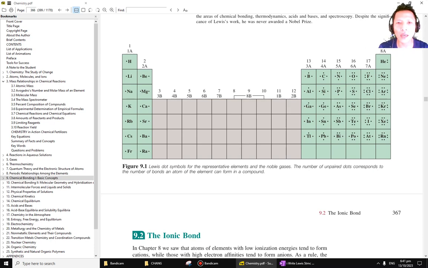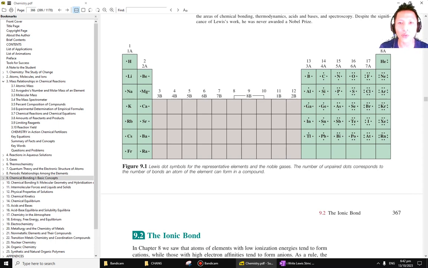As you can see, group three A would have three valence electrons, and so on and so forth up to the seventh. The eighth group, which is the inert gases, doesn't really react or participate in chemistry. That's why they're not usually included in the discussion.